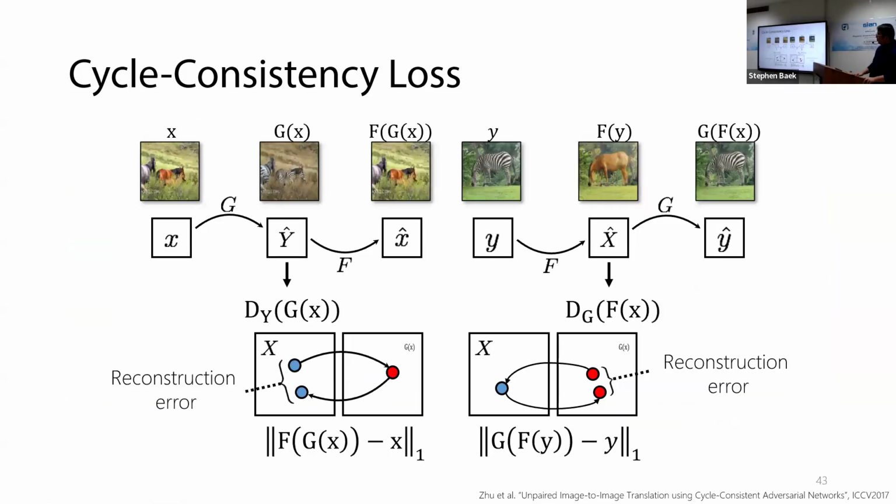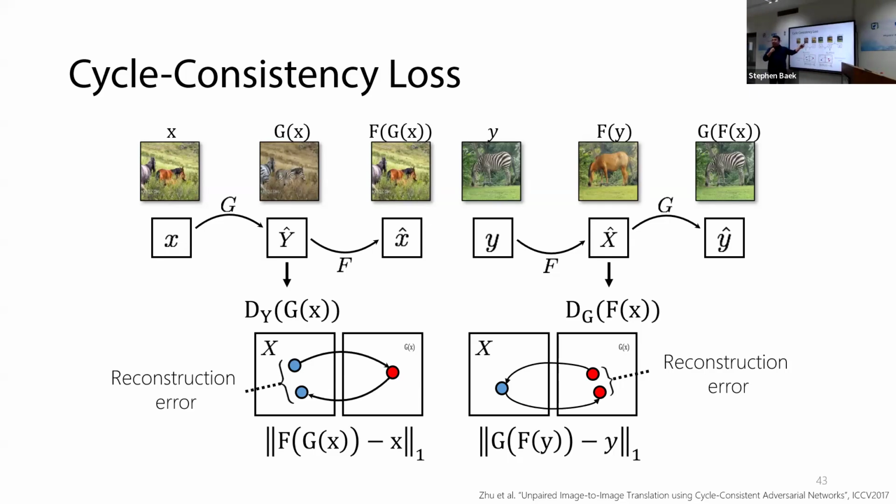And what we're going to do is define a loss function called a cycle consistency loss. The idea of cycle consistency loss is that you start from a horse. Using the zebra generator, you generate a zebra.